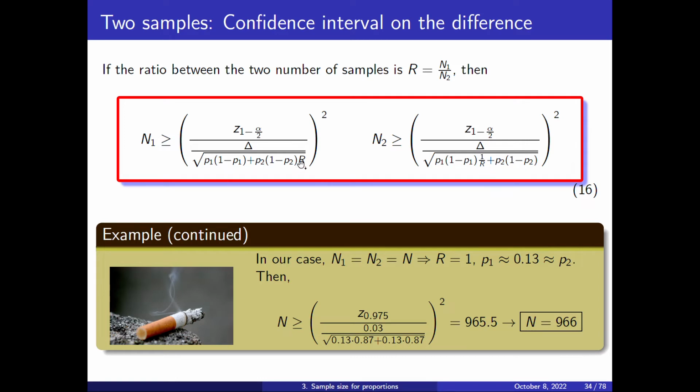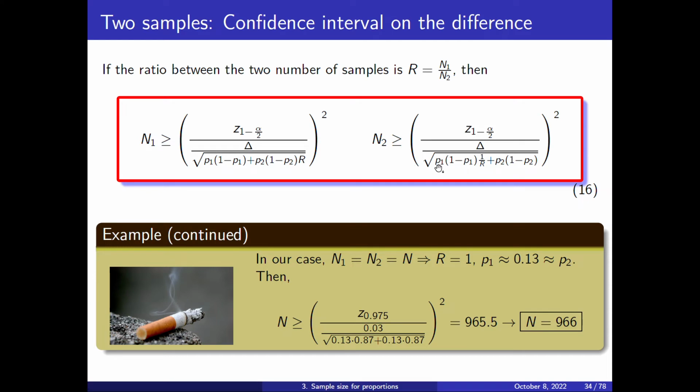You may look at the R. Let's say that you want more people in group 1. If you want more people in group 1, R will be larger than 1, and this R larger than 1 makes N1 larger than N2.